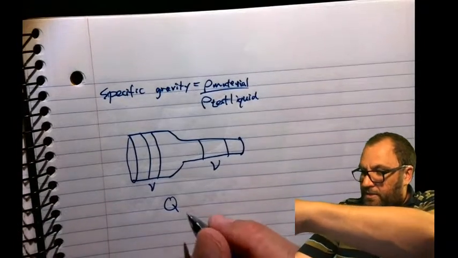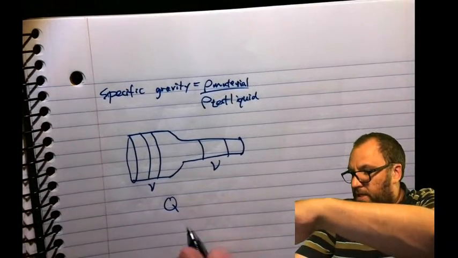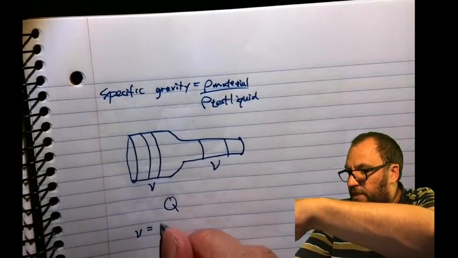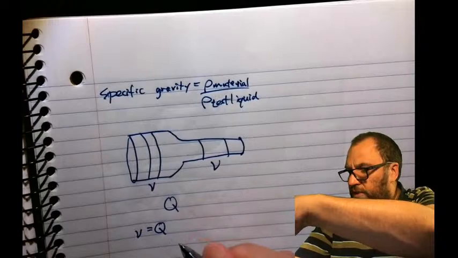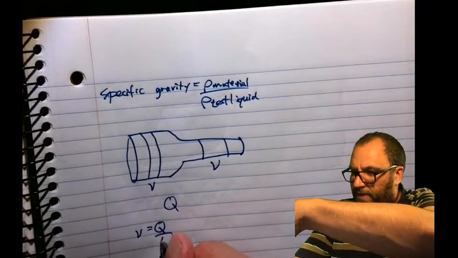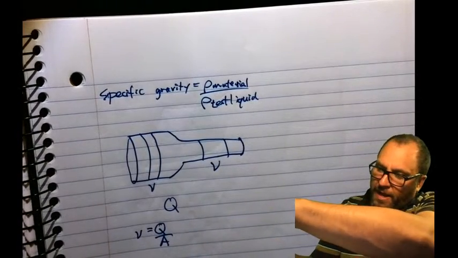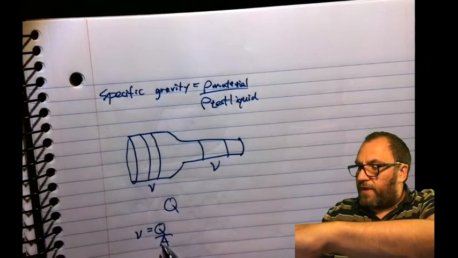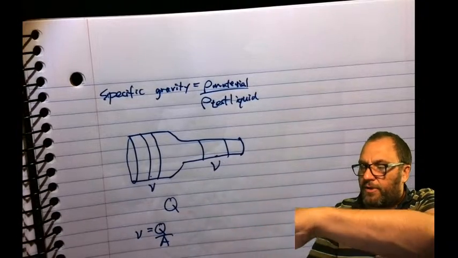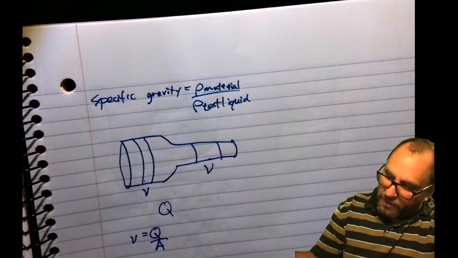Let's say that V, my velocity here, is equal to Q, my flow rate in cubic meters per second, divided by my area. So if I know what this is here, I should be able to calculate it over here.